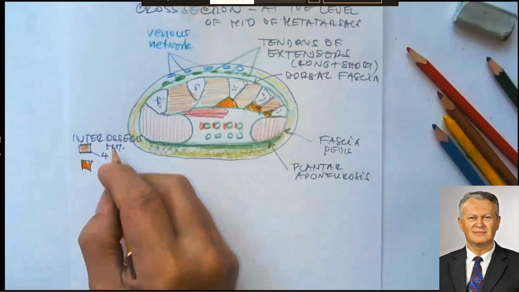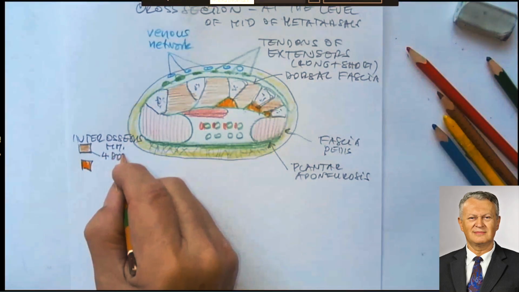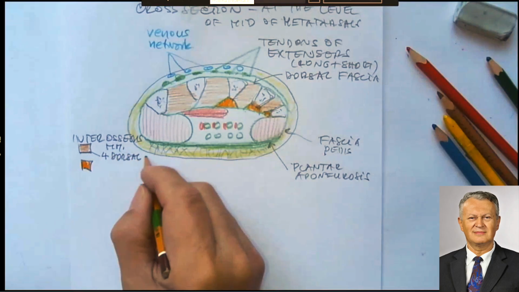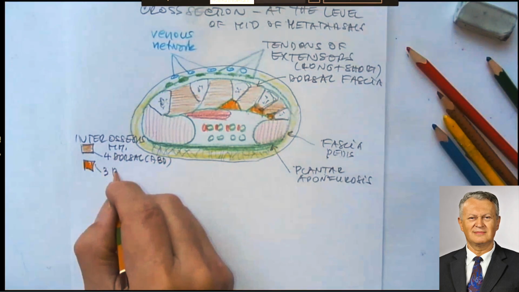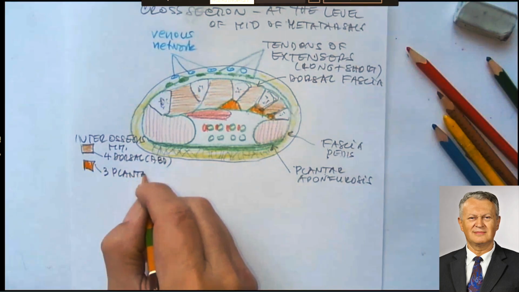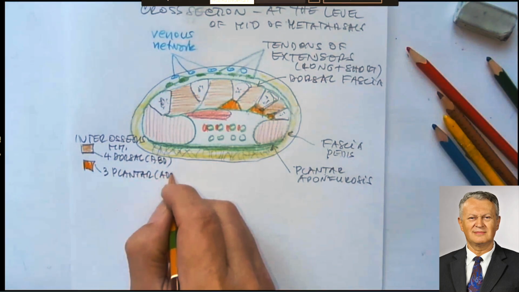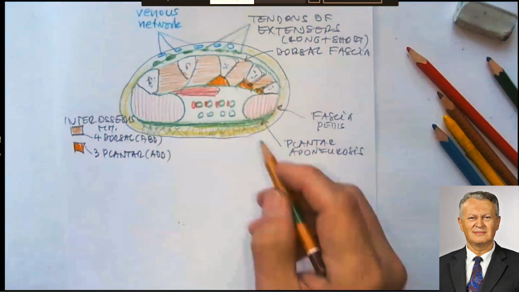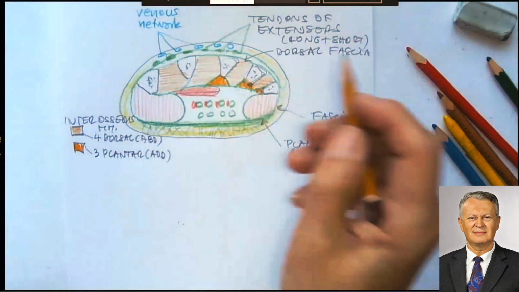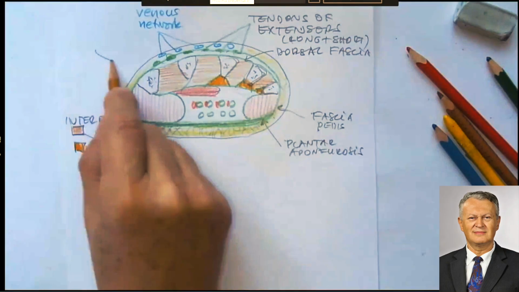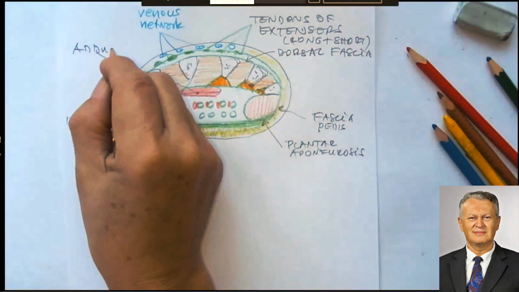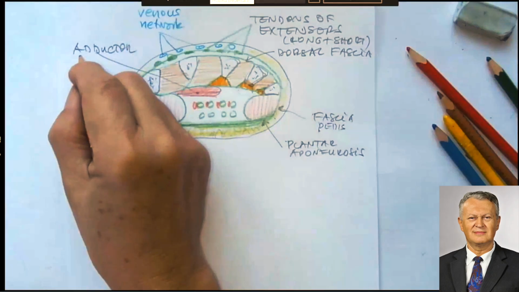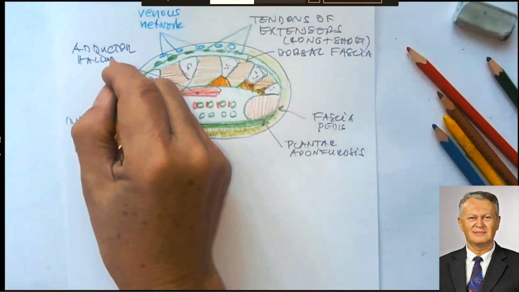Here are four dorsal, which are abductors, and three plantar, which are adductors. The fascia is interosseous fascia. I mean that this is not absolutely necessary. That muscle is adductor hallucis.